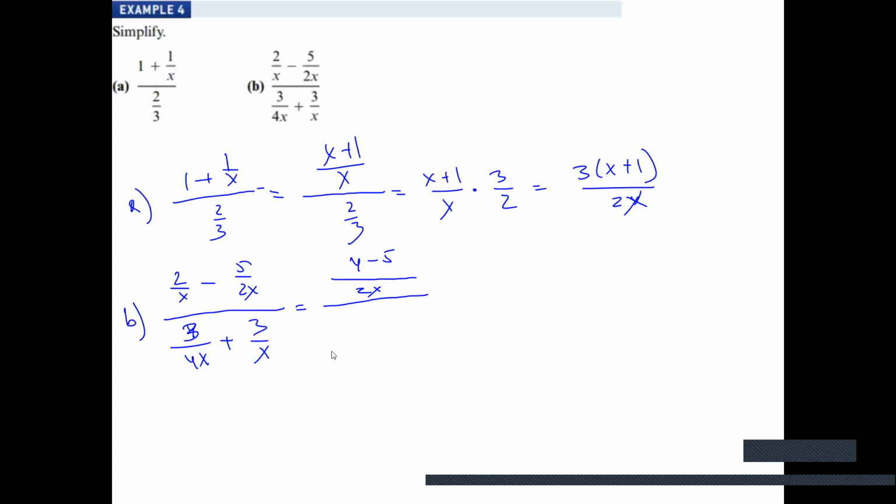Yes? What I have, 4x here, 3 plus 12. So 4 minus 5, I have the fraction minus 1 over 2x times 4x over 15. Yes? Looks like it.